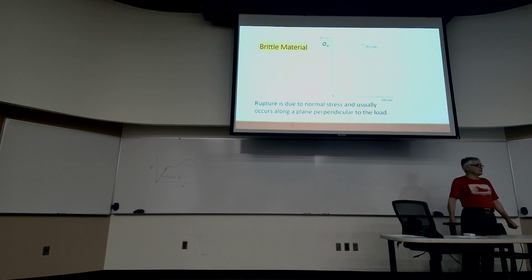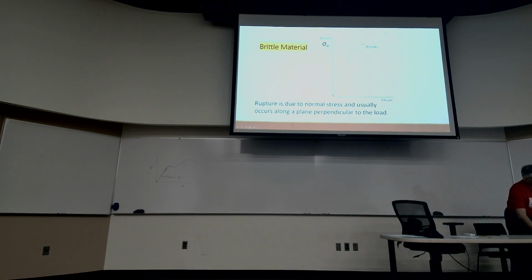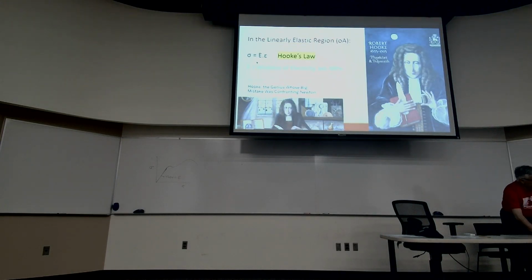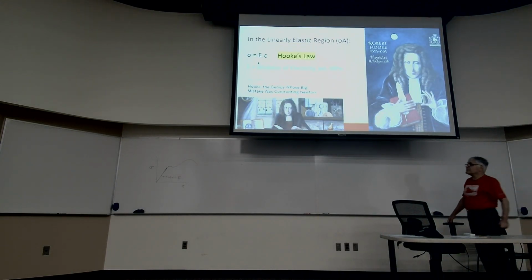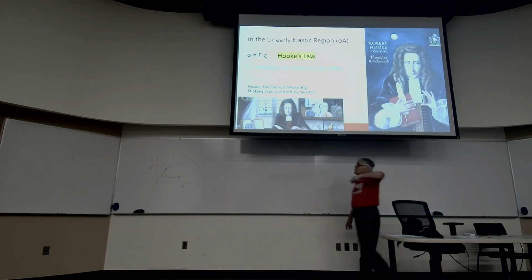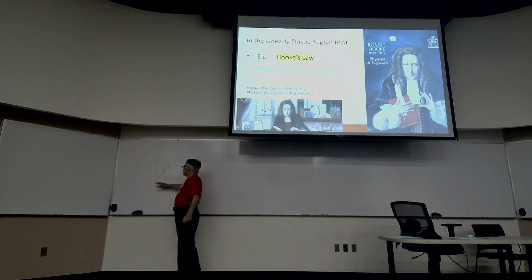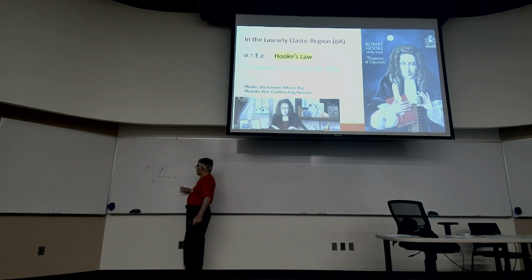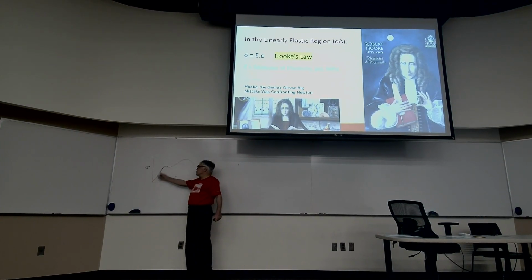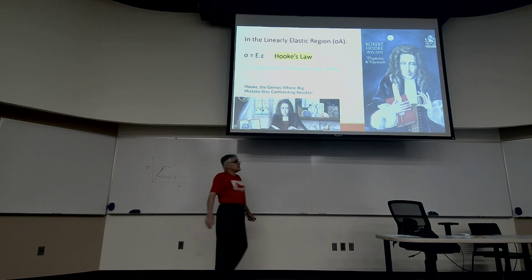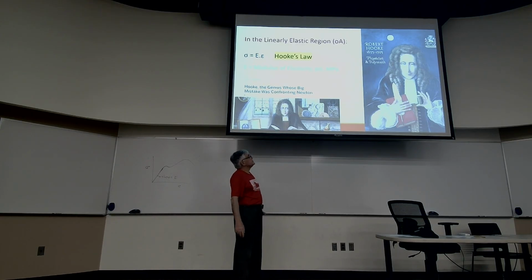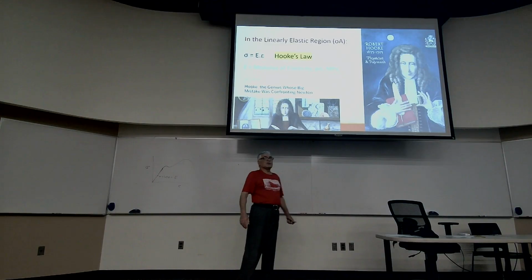So sigma U is here, and this is Hooke's law. Sigma is E times epsilon again. For a straight line like this, sigma is E times epsilon, where E is the slope of this line. E is in PSI or Pa. That's called Hooke's law.